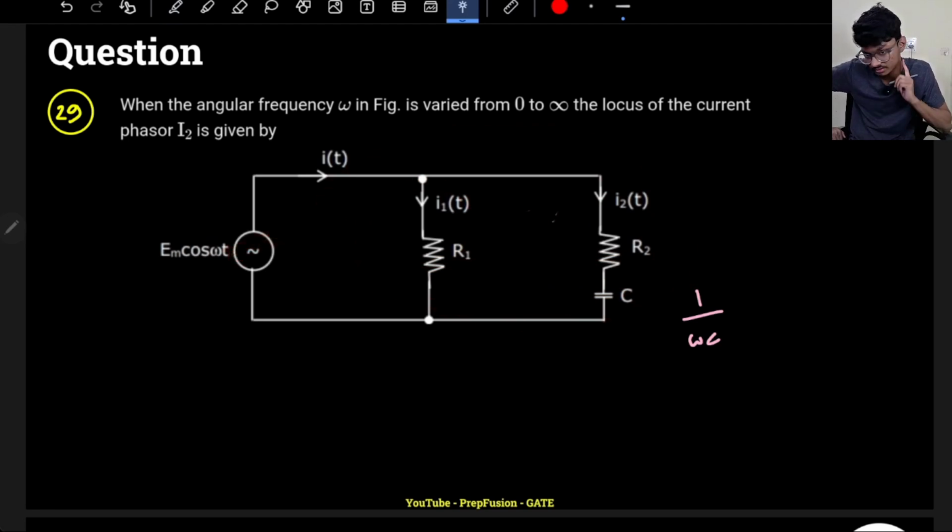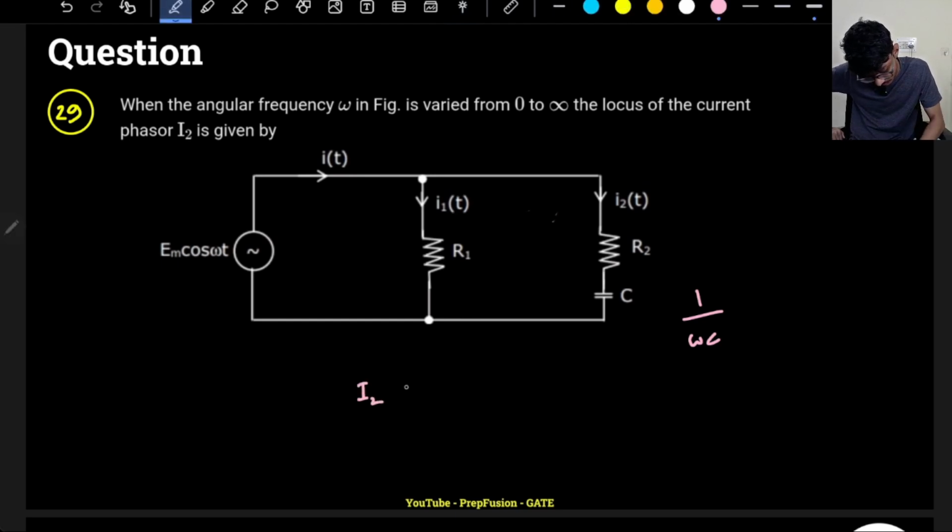If the overall behavior is capacitive, the angle of current will lead, because behavior is capacitive only, so it will lead.